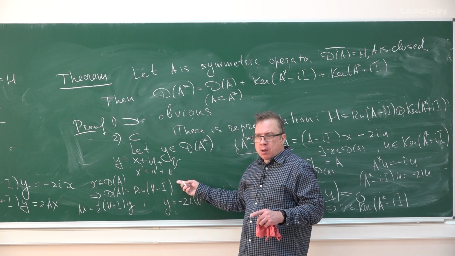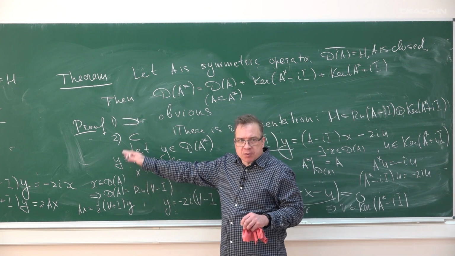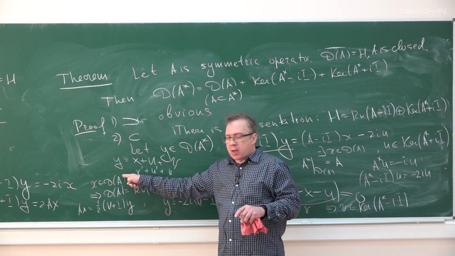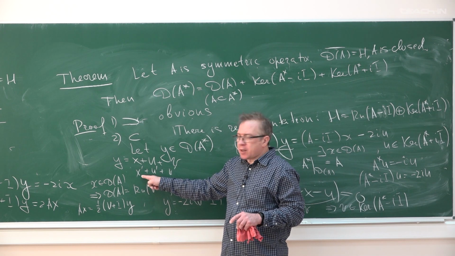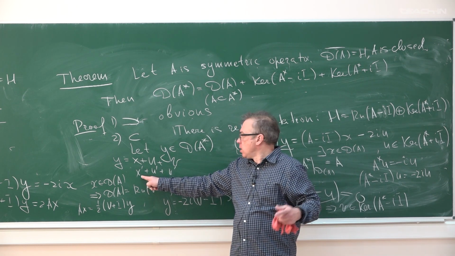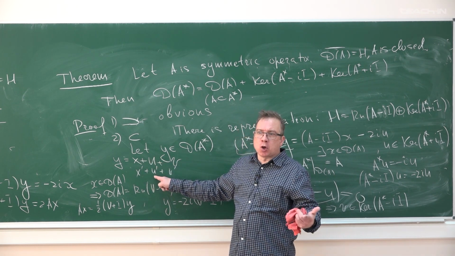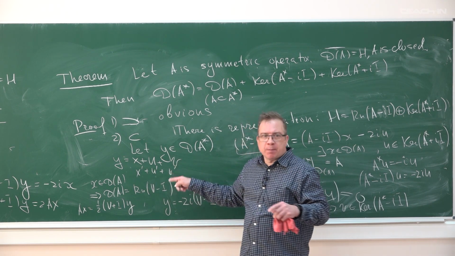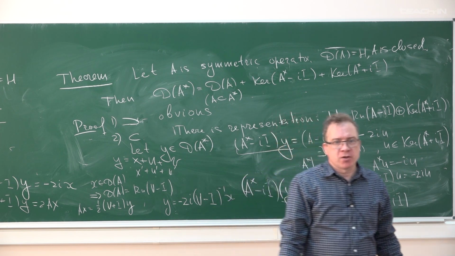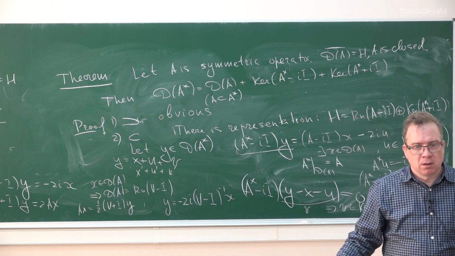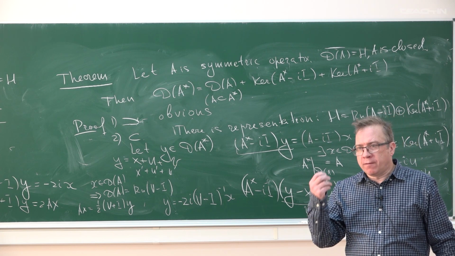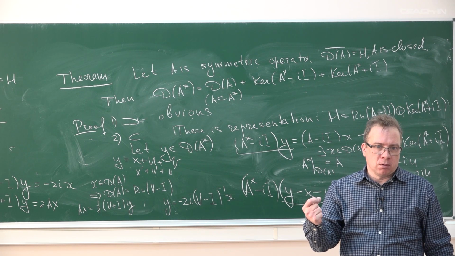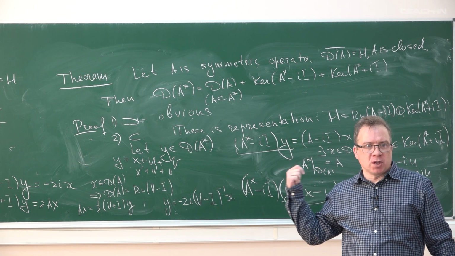But then you can subtract one line from another, and here you obtain 0, where x minus x prime is from the domain of A, u minus u prime is from the kernel of A star plus I, and v minus v prime is from the kernel of A star minus I. So it is sufficient to show that 0 has a unique representation as a sum of vectors from these subspaces.